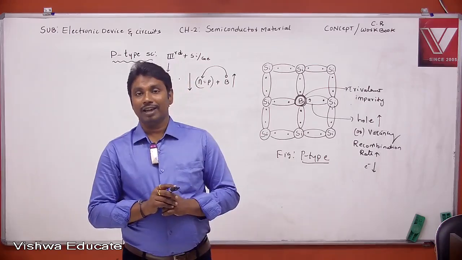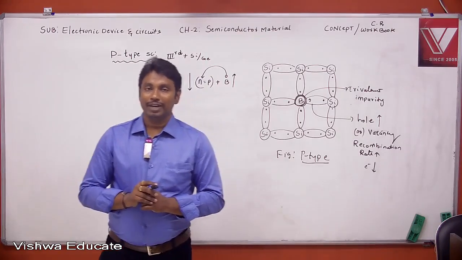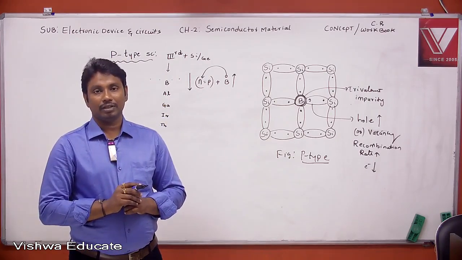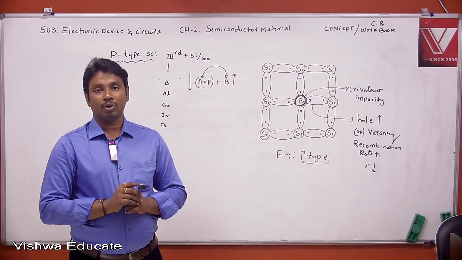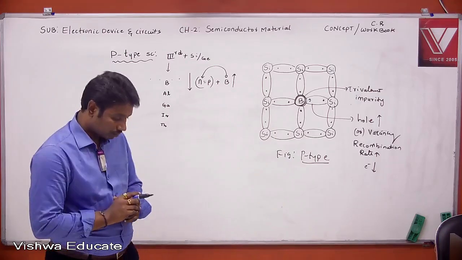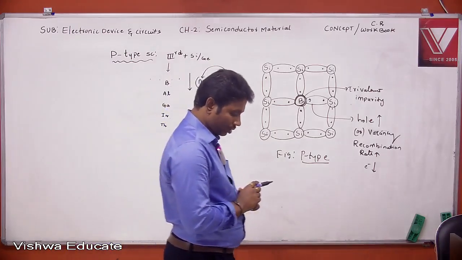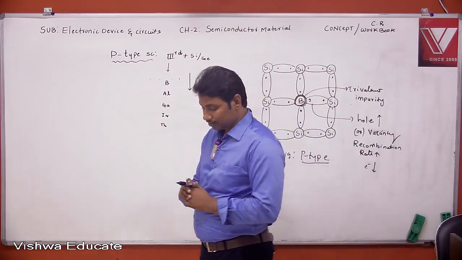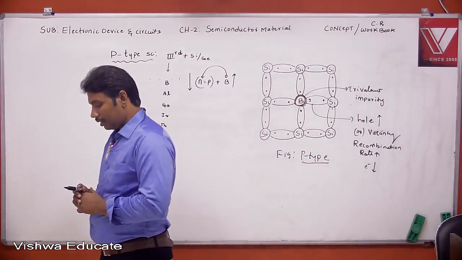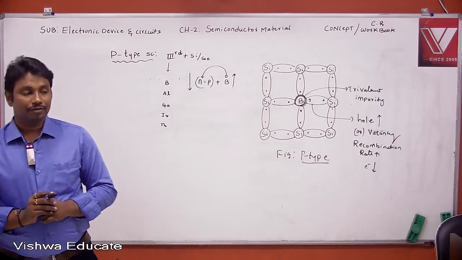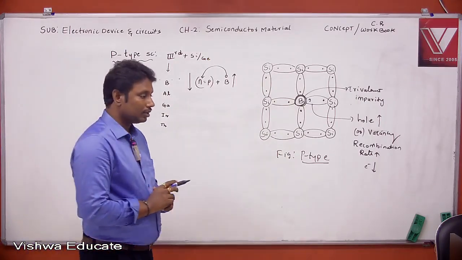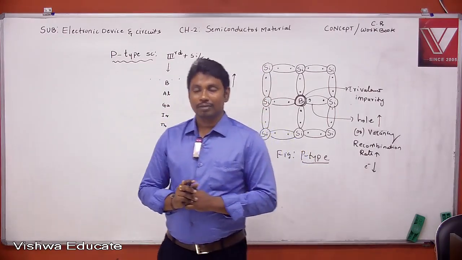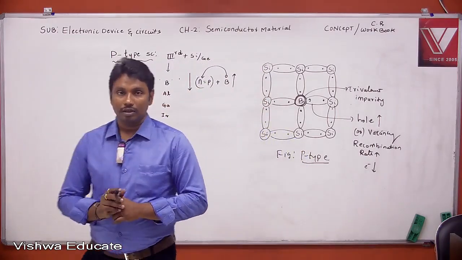Right. Next point. Hence, in p-type semiconductor, the majority charge carriers are holes, and the minority charge carriers are free electrons. Yeah, underline majority as holes and minority are free electrons. Right. Next point.